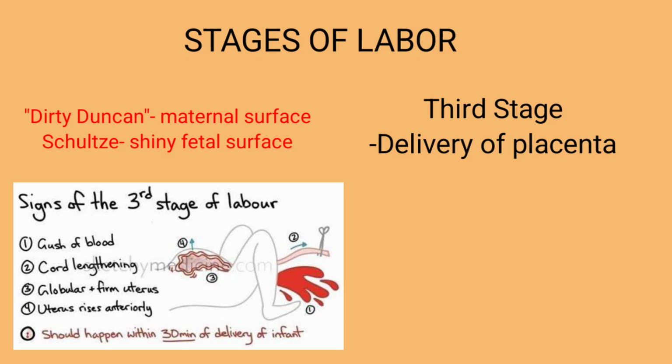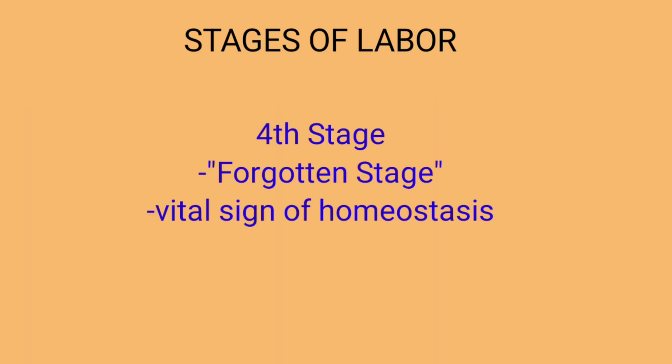Because again, the clamping signals that the placenta needs to detach from the uterus of the mother. And lastly, the fourth stage, which is considered the forgotten stage. This refers to the going back of the mother to her pre-pregnancy state, or the maternal stabilization of vital signs.